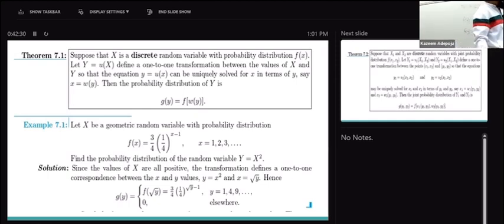Now, the question is, if x follows geometric, we know the probability distribution. We now want to find the probability distribution of a random variable y that is equal to the square of x. Does that make sense to you, right? Okay.